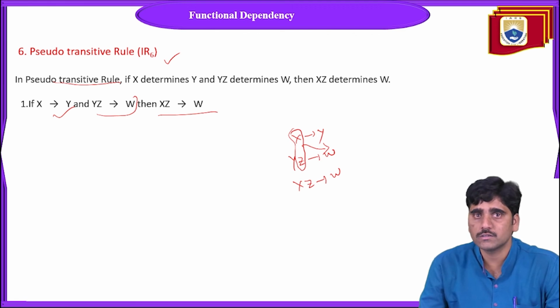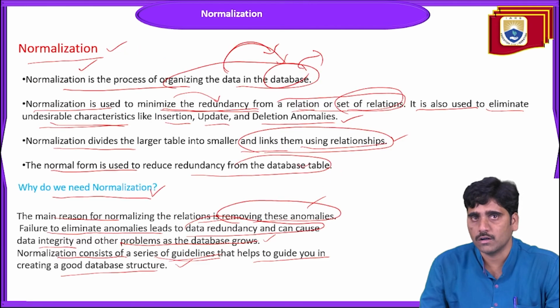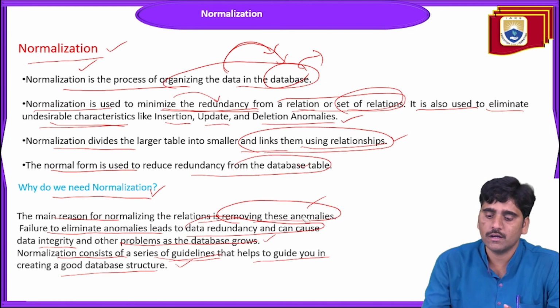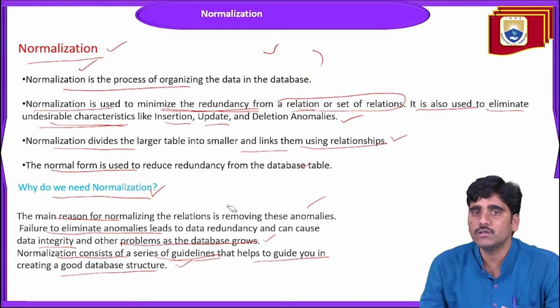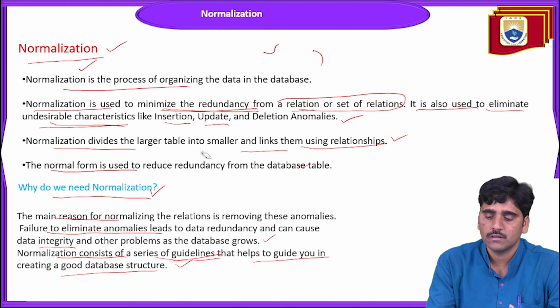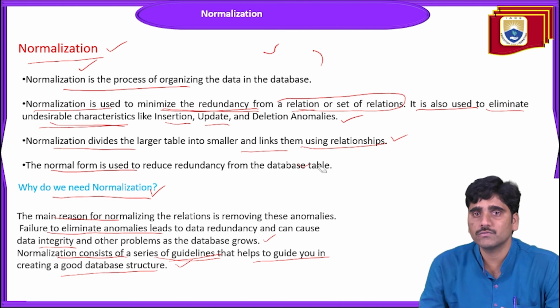These inference rules validate whether attributes are functionally dependent or not. And normalization: what is meant by normalization, what are its advantages and disadvantages, and why do we need normalization. These are the topics we discussed in this session.